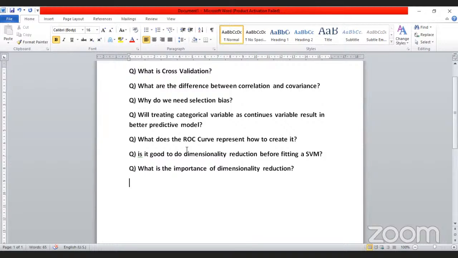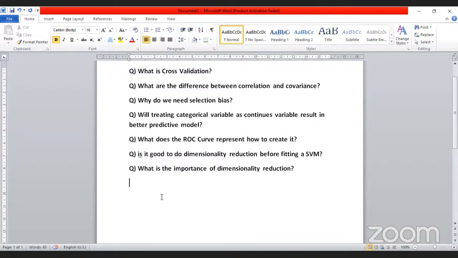Okay, so firstly, we will understand what dimensionality reduction is. The process of dimensionality reduction consists of reducing the number of features in a data set, right?